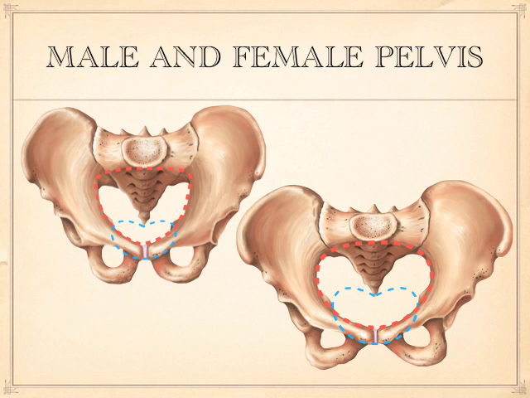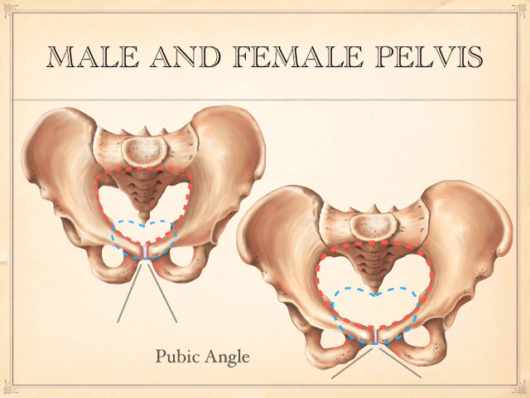And basically what you look for mostly is the angle, what we call the pubic angle. And the pubic angle is right here where the two bones come together. And you can see on a male, this is a male pelvis, the angle here is going to be much more narrow than it would be over here on a female pelvis. And what this does is it pushes the parts of the pelvis that stick down further out, making the pelvic outlet a little bit larger.